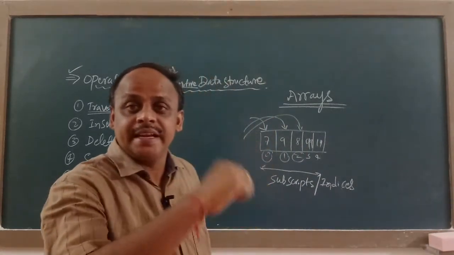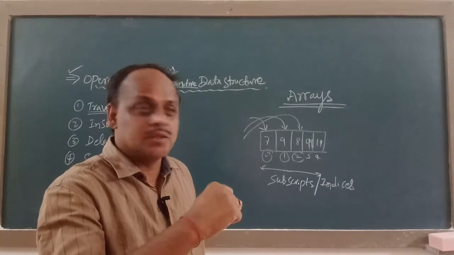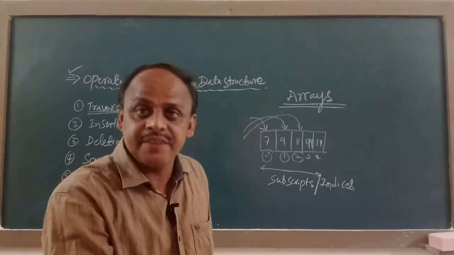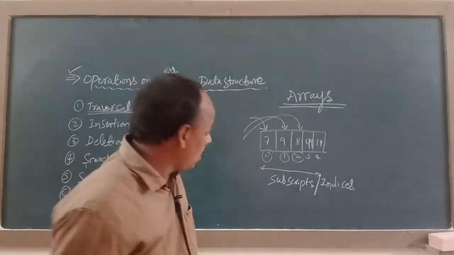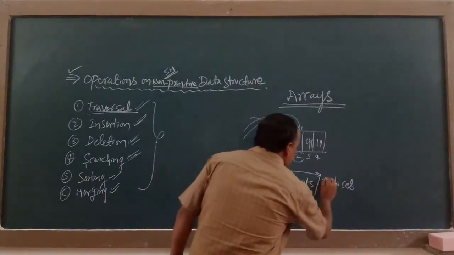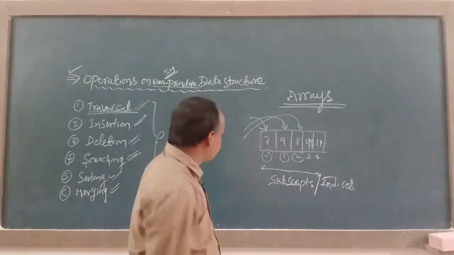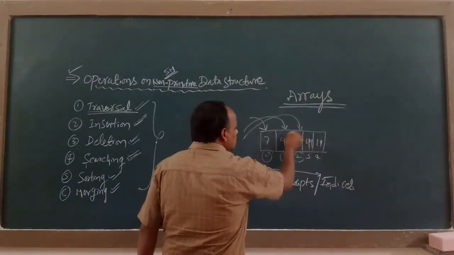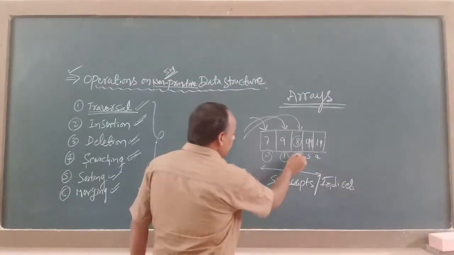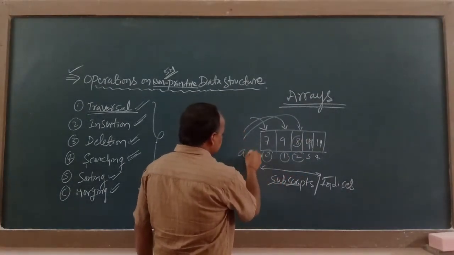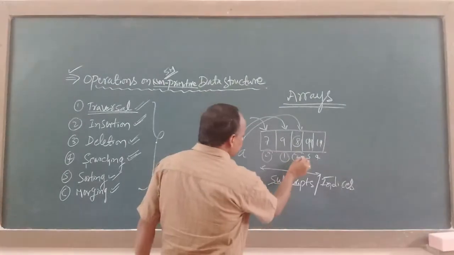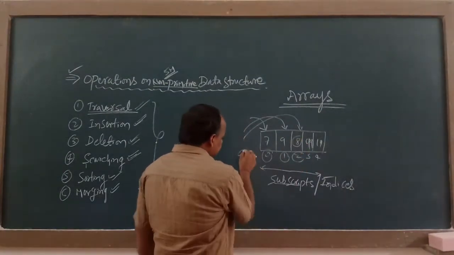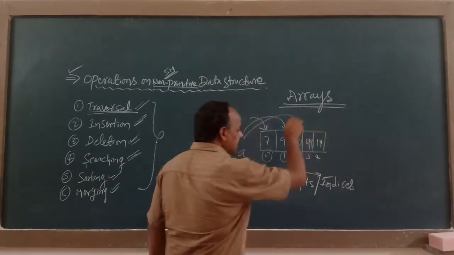Each element in an array is identified by a number called a subscript or index. For example, where is 8 stored in the array? In a of 2, where a is the name of the array. In a of 4, 19 is stored.